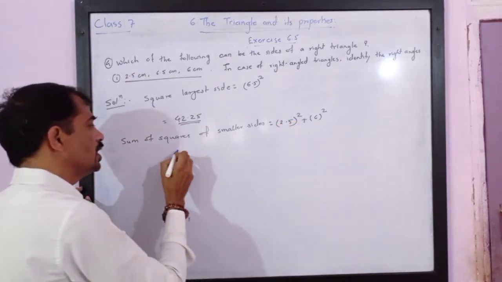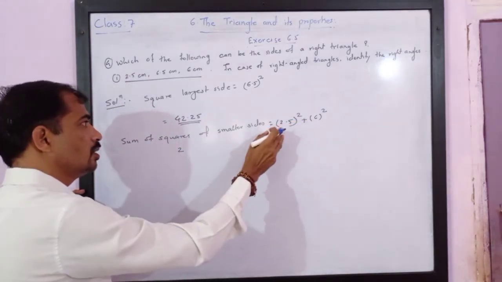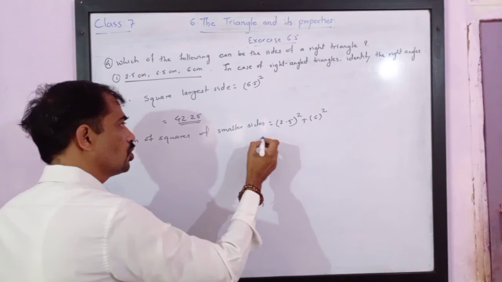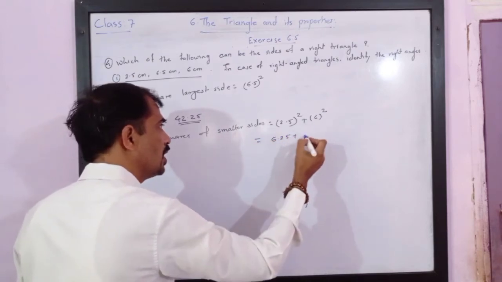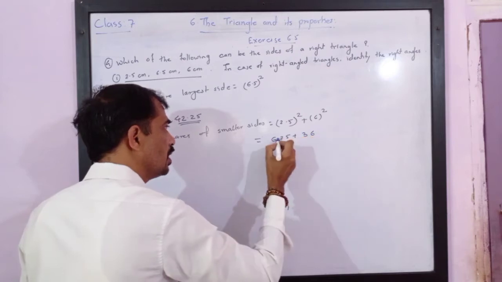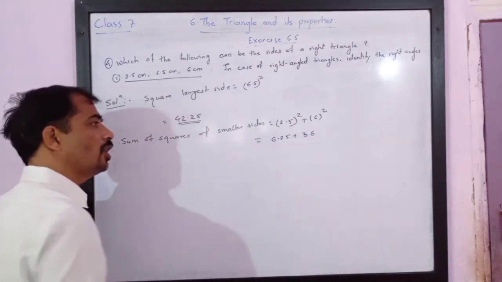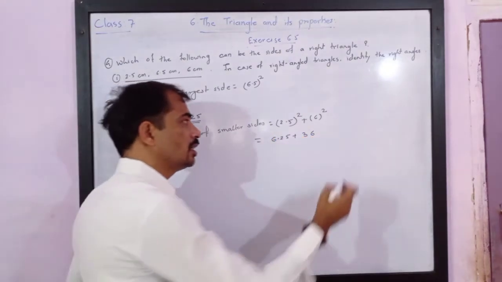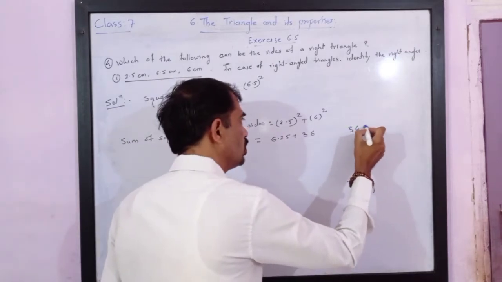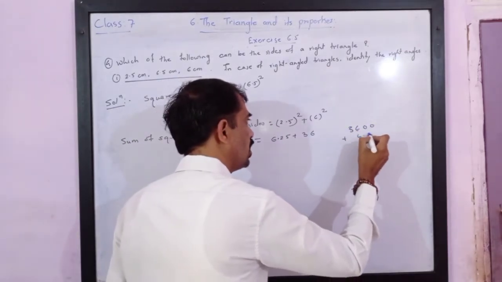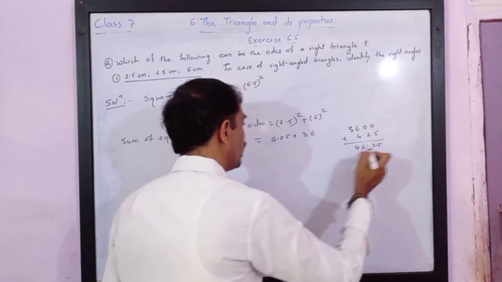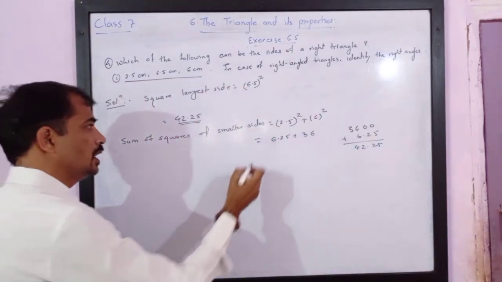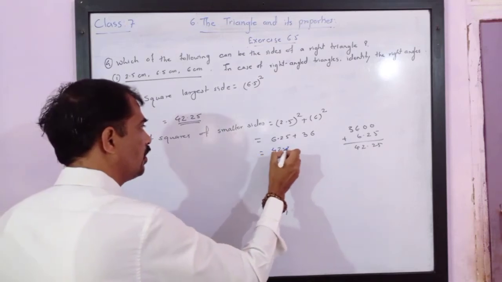Now 25 square is 625, so you will get 6.25 plus 6 square is 36. Now please note this is a decimal point. So if you add this, you will get 36.00 plus 6.25, so you will get 42.25. So this is equal to 42.25.